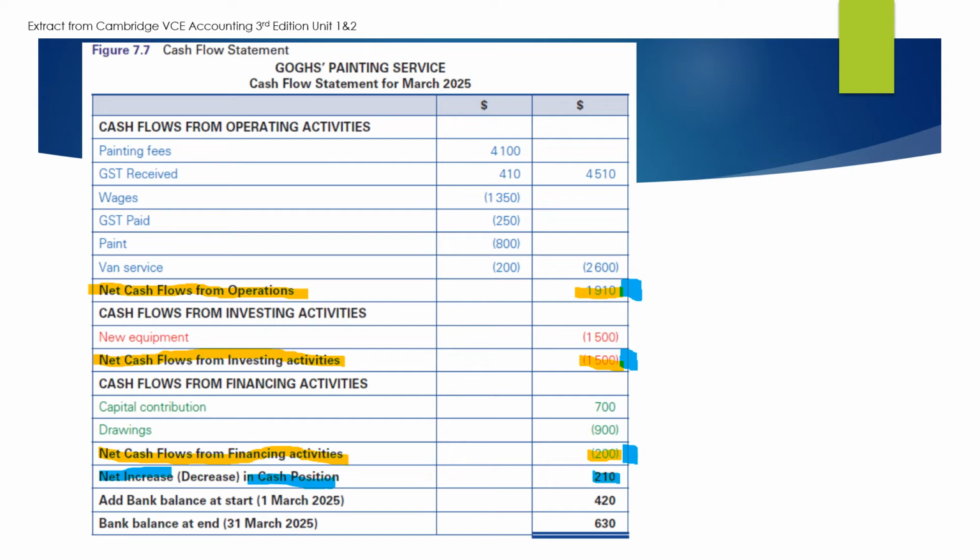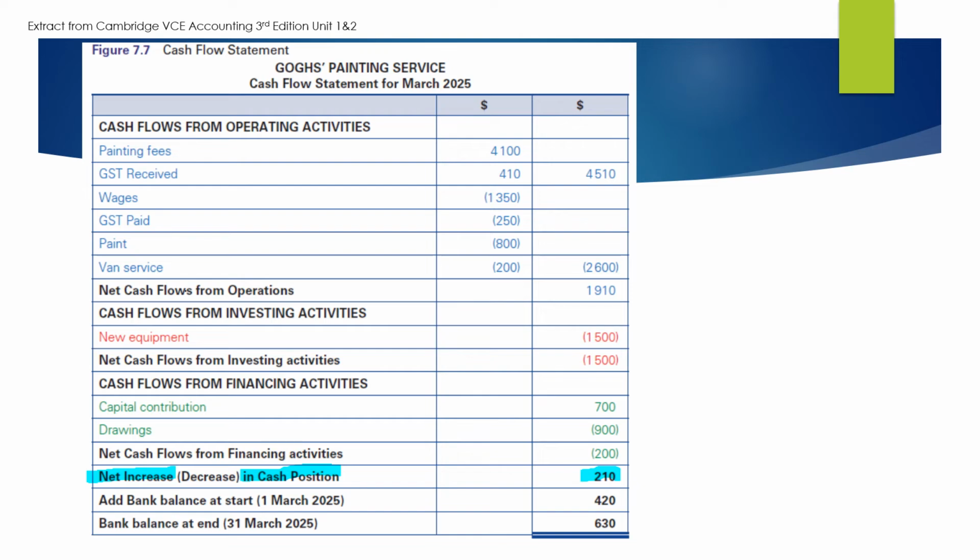We can also think of it as a cash surplus of $1,910 minus a cash deficit of $1,500 and minus another cash deficit of $200 to give us a net cash surplus of $210.